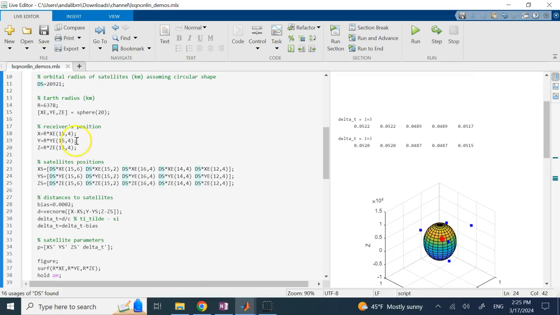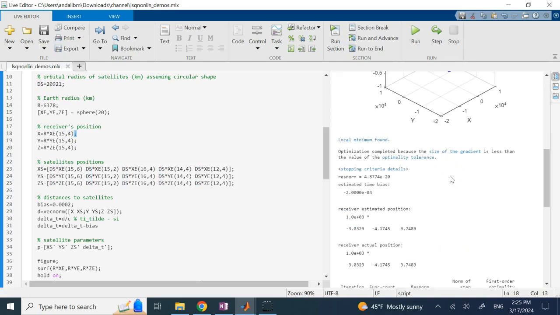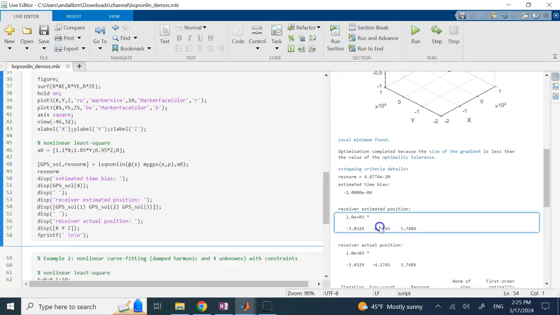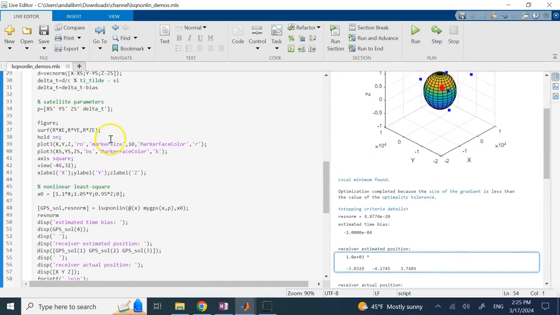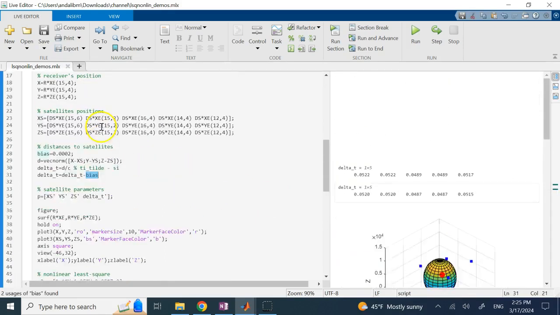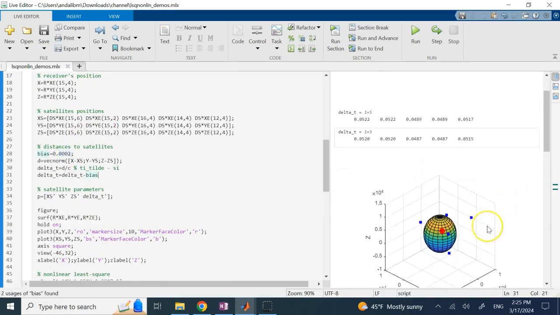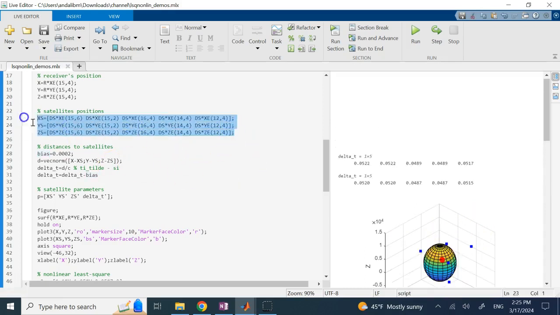And the location for it is given by X, Y, and Z, which we're going to see down here. That's X, that's Y, that's Z. There is some non-zero bias here, which is in the receiver clock, and I set it to 2 times 10 to the negative 4. I have 5 satellites that the object can see, and these are these blue squares. Their locations are given by this data.